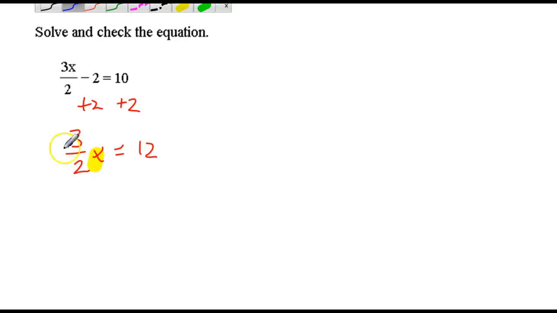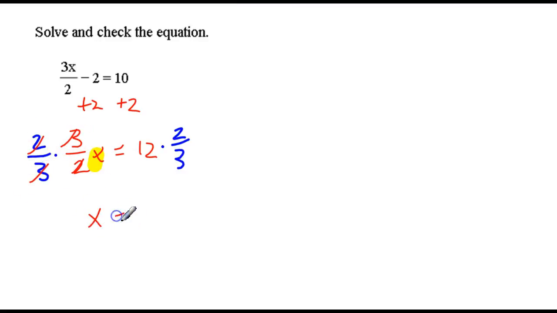Whatever the fraction that's being multiplied by the variable we're solving for, we multiply both sides by the reciprocal of that. So 2/3, 2/3, and on the side with the variable, the 2's cancel, the 3's cancel, and all we're left with is x. On this side, the 3 goes into the 12 4 times, and 4 times 2 is 8, and there was our answer. You can go back and check it and verify that it works.